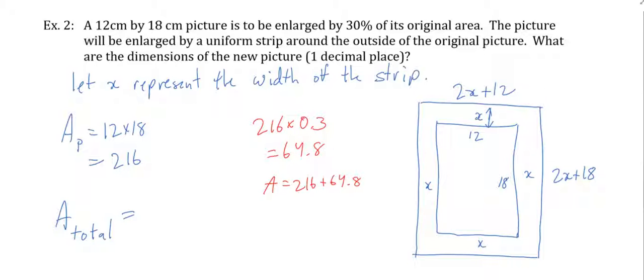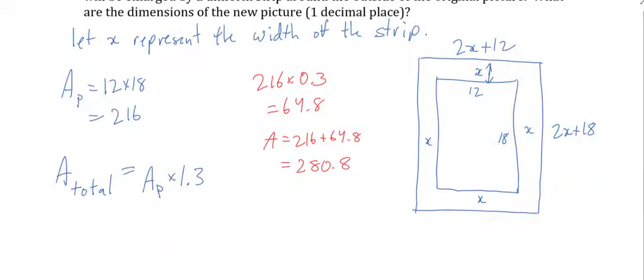And it's I take the area of the picture, and this is a really useful life skill, folks. And instead of multiplying by 0.3, I multiply by 1.3. Let's see if we get the same answer. So this was 280.8.